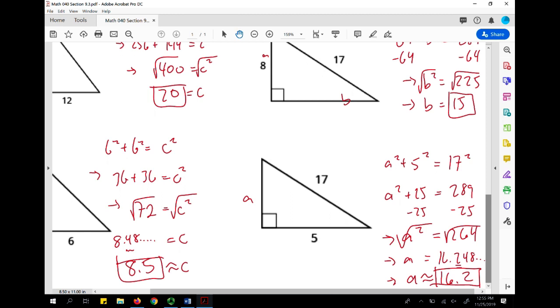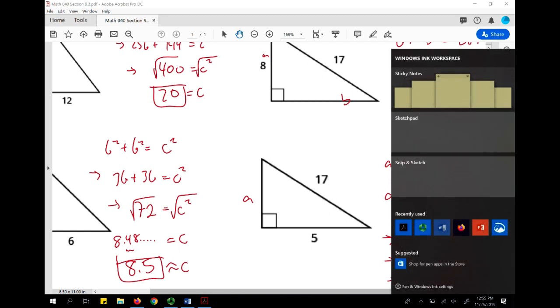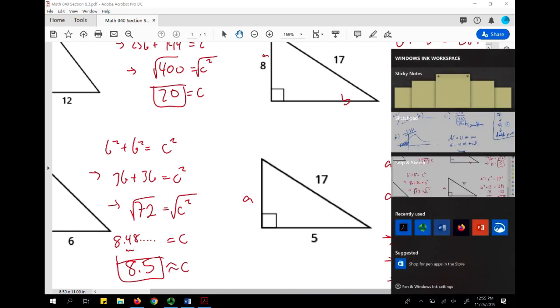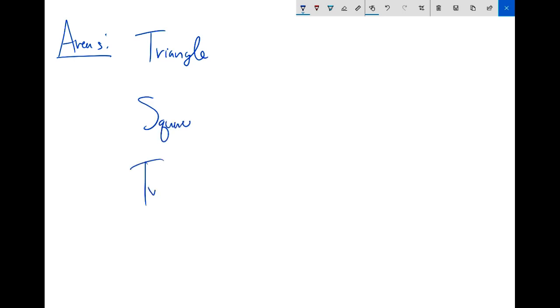Okay, the last thing that we cover in this class, so this is it, covers a little bit about working with areas of shapes. We've already done some area problems. For the common shapes, the ones we're going to see are triangles, squares, and trapezoids.